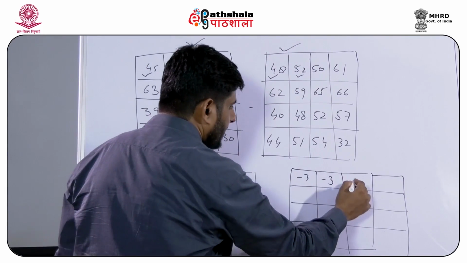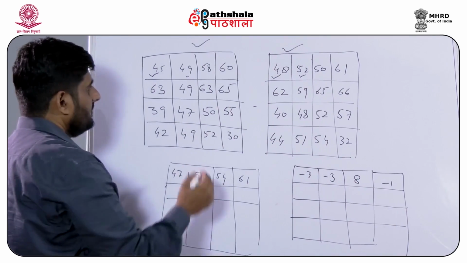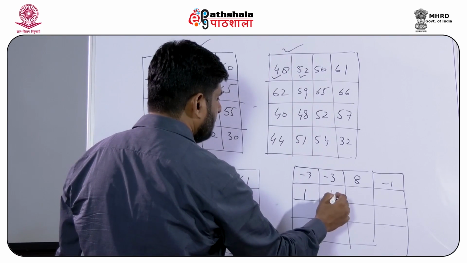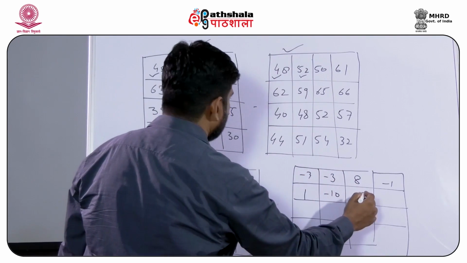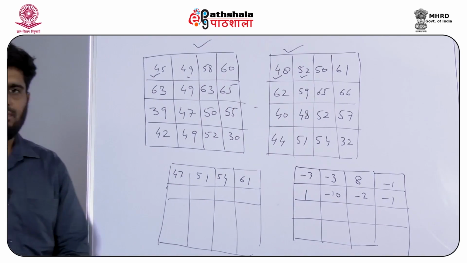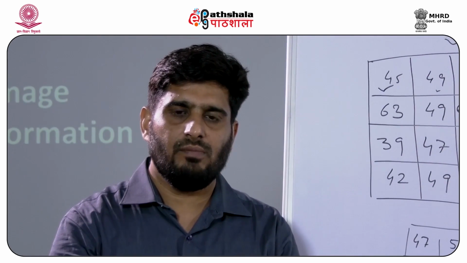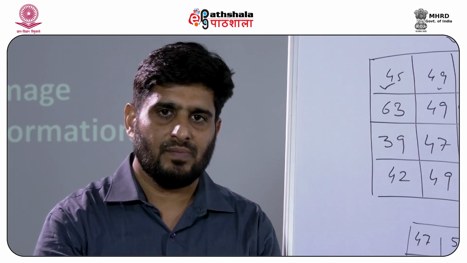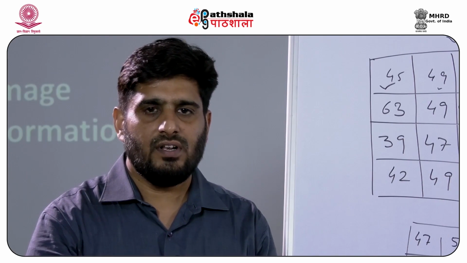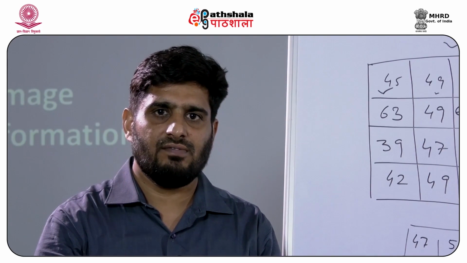Here we get a value of 8 and -1. We get +1 here, then we get -10 over here, then -2 and -1. In this way we can find out the difference of the two images on a pixel by pixel basis. The interpretation of this data would give us information about the changes in various Earth's features.